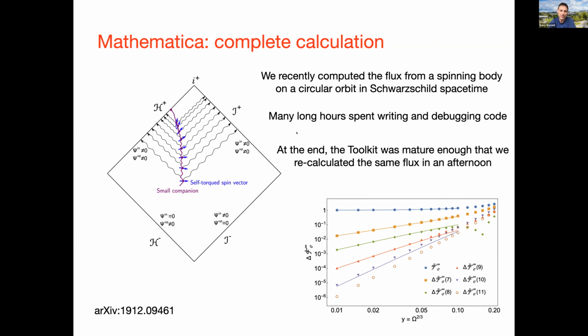When we started this calculation, the toolkit was not really robust enough to be used. So we spent many long hours writing and debugging code, figuring things out, and getting it to work. It was very satisfying that at the end we went back, and in one afternoon, we were able to reproduce all of the results more accurately using the toolkit. That's really the goal: to just make doing science easier.